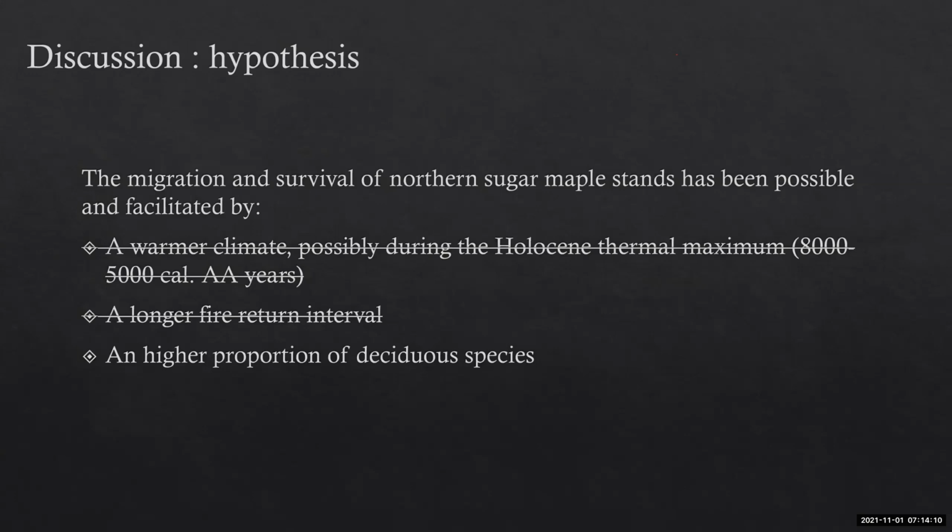Actually, it seems that Acer saccharum was able to withstand a shorter return interval at Label. But it's mostly a higher proportion of deciduous species and so a lower proportion of coniferous species that play a role in the sugar maple establishment and survival.